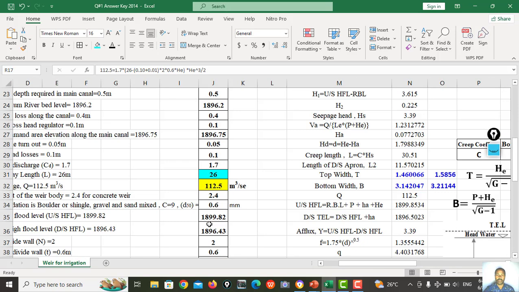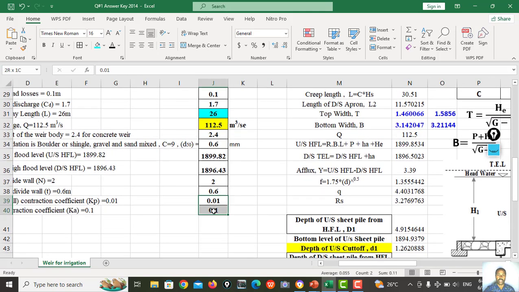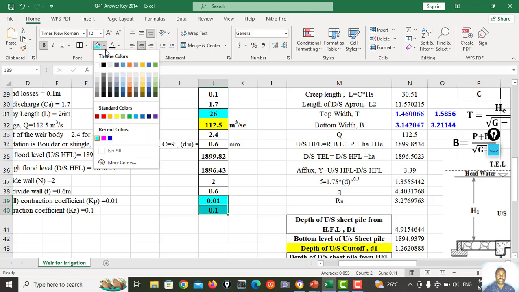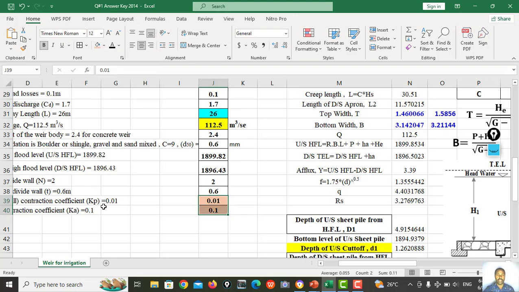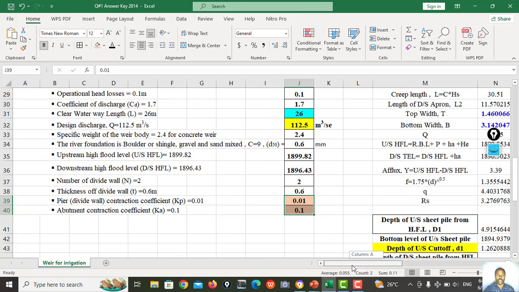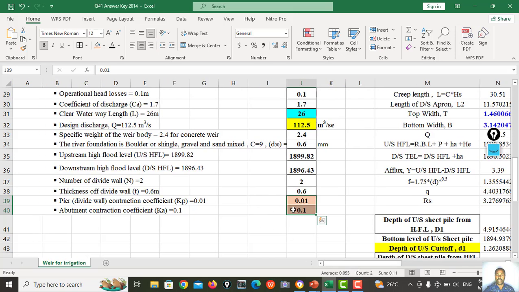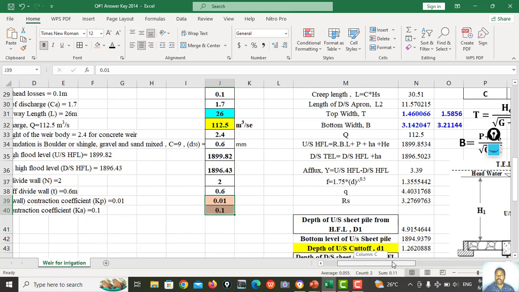Already we have put them here. So these are the given parameters: KP, pier contraction coefficient 0.01, and abutment contraction coefficient 0.01.